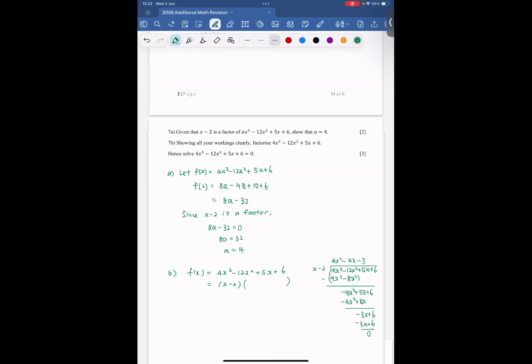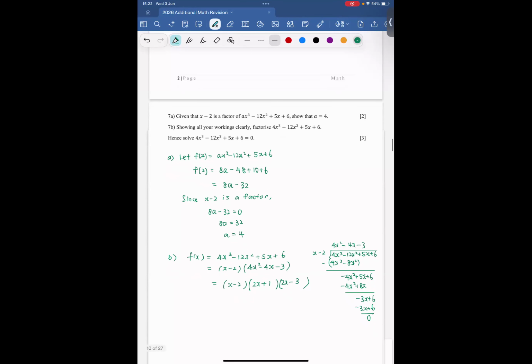Okay, so after long division, we know that x minus 2 times the quotient will give me that. From here, I check again whether I can factorize further. If can, then you have to factorize further. So 2x, 3 minus plus 1. Okay, so that is how you factorize that.